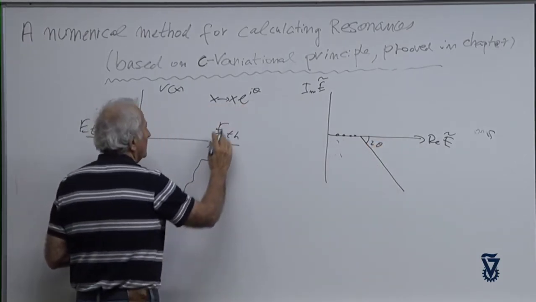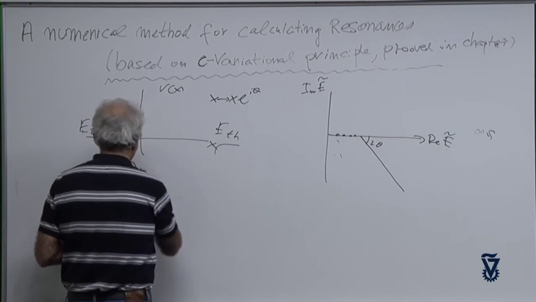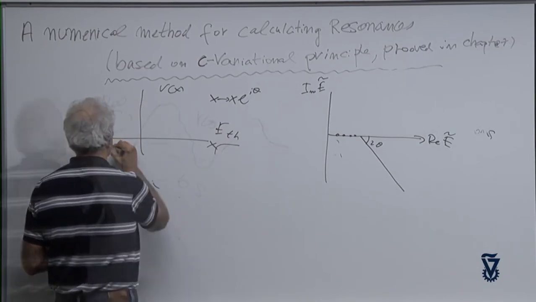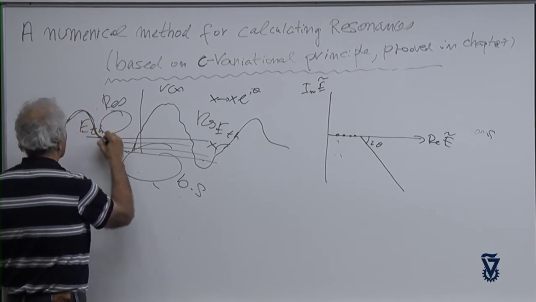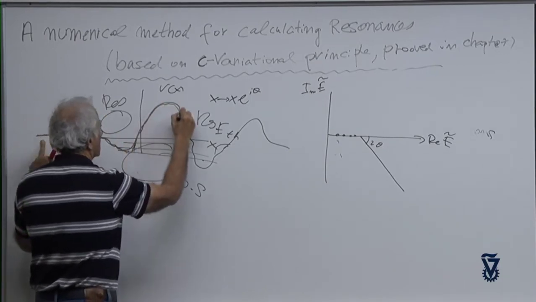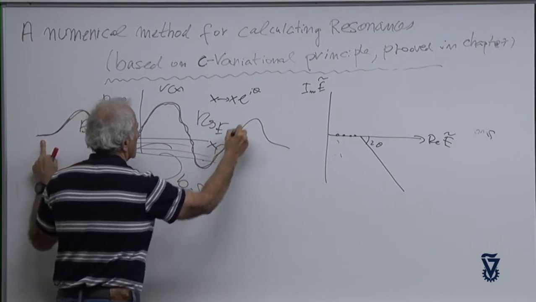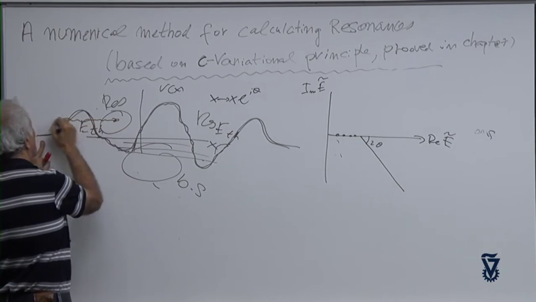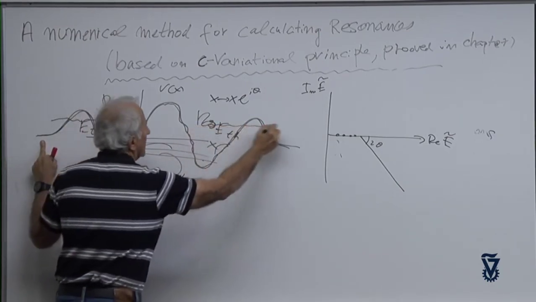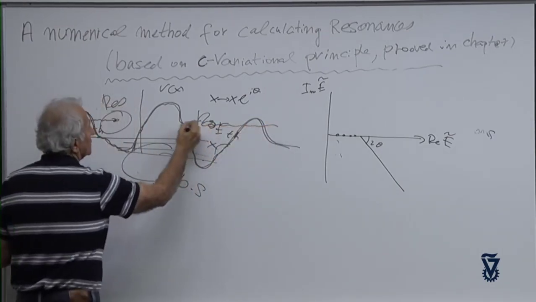However, if now you change the potential to have also barriers. So, sorry, we have this potential. And now the resonances will decay from here outside, and decay from here outside. And from here they can decay also to this direction.